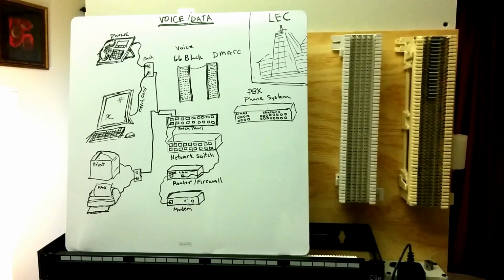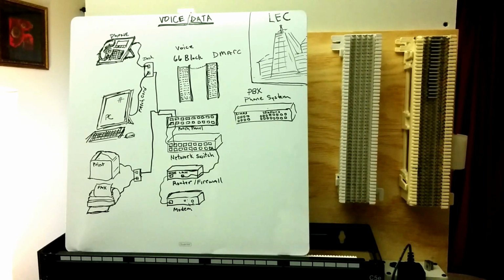All right. So you have your LEC, and depending on what size business it is will determine what size and type of circuitry they might have. So a smaller business might have a couple of analog lines, and in that sense they'll probably be on a D mark where it'll look like a 66 block, probably with a little orange cover or something like that.